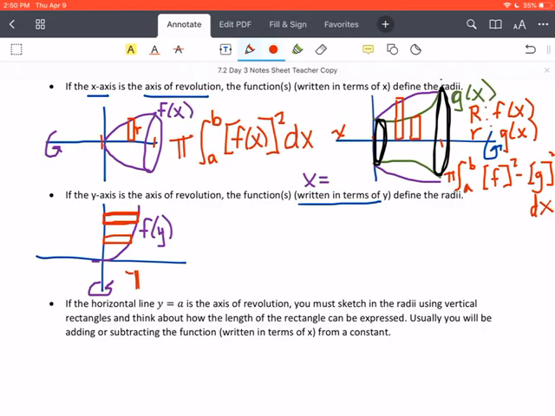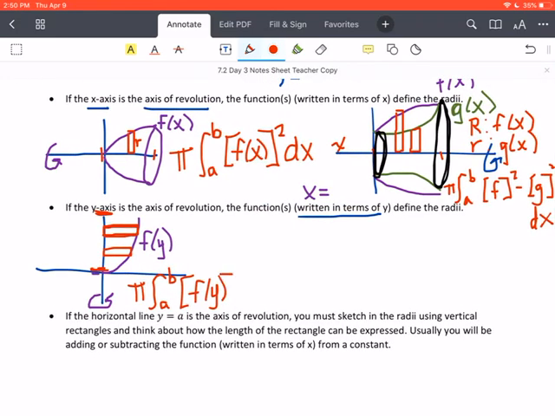It's going to be pi, and then where do our limits come from? The y values. Everything has to do with y. So a to b of f of y quantity squared, because that is the only radius that we need for the problem.